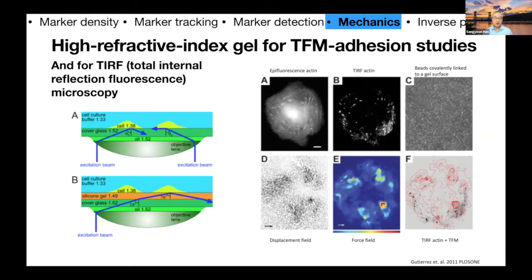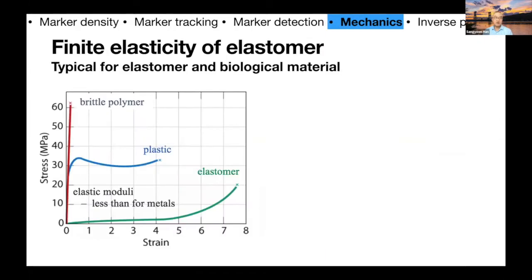So we wanted to keep using this high refractive index gel, and to do that, we want to really quantify the mechanics. Before going there, we learned that this elastomer has something called finite elasticity.